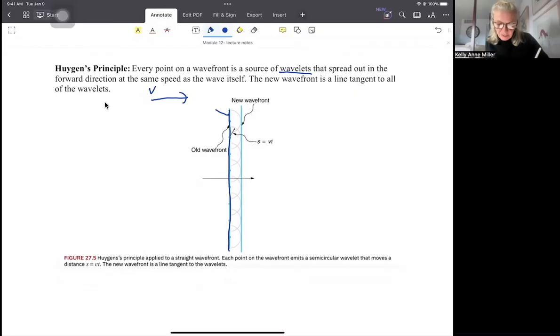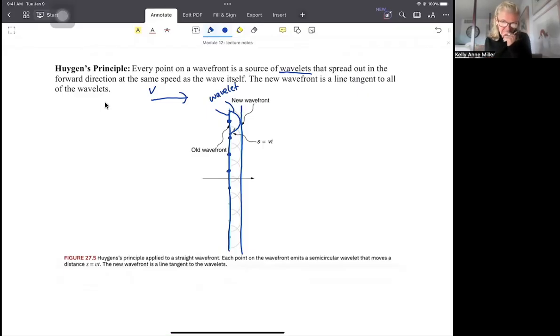What Huygens principle says is you can take any point along that line and you can represent it as what we call a wavelet. So this is a wavelet, it's a semicircle. And the tangent of that wavelet will be the new wavefront.